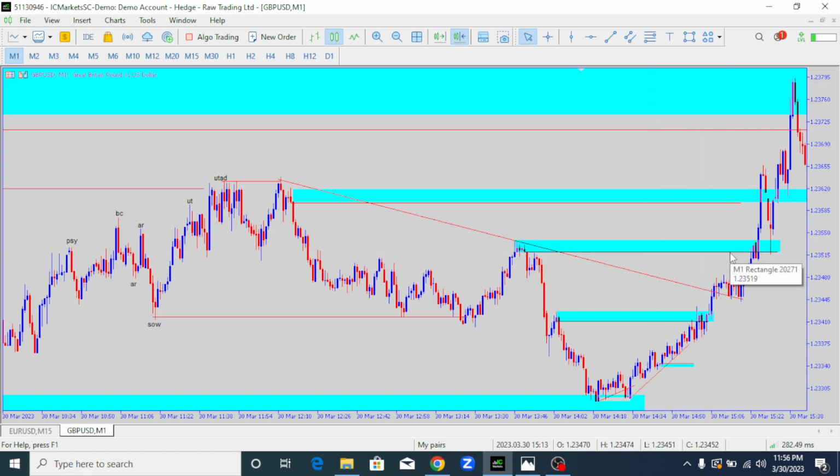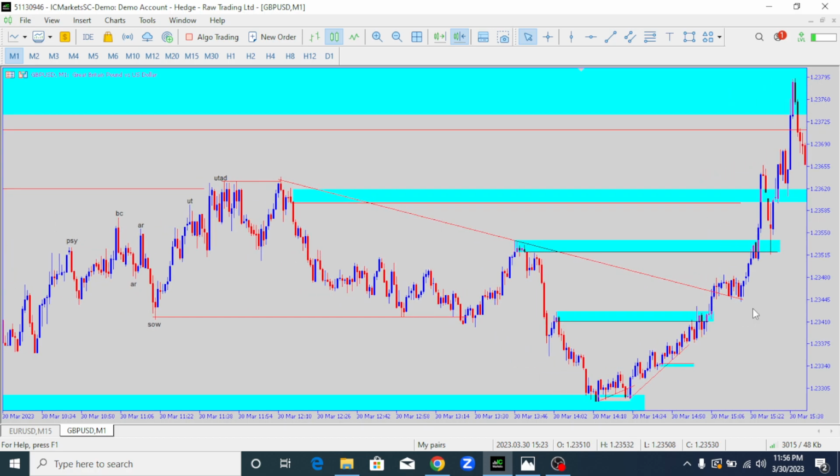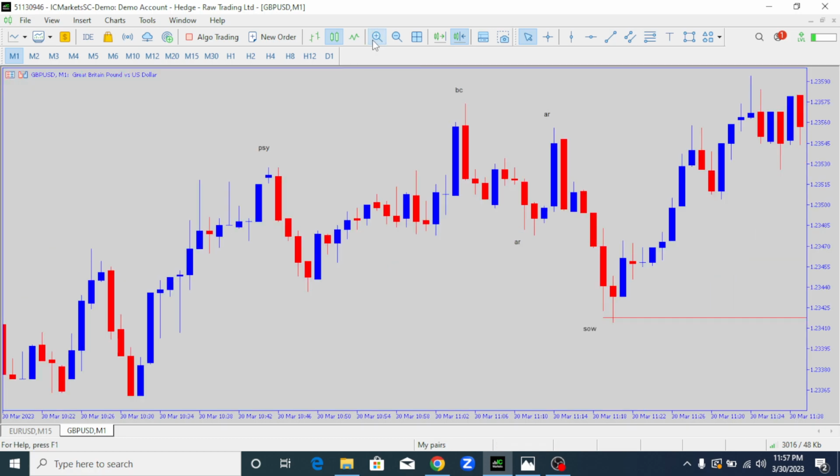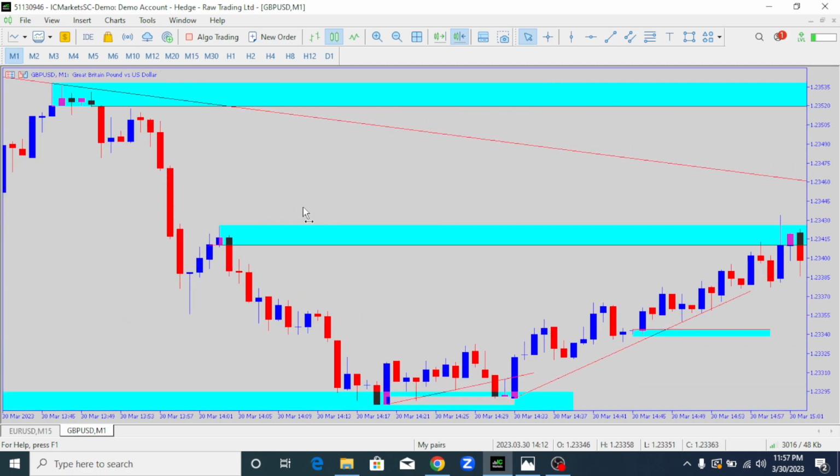Imagine, guys, 20 pips with a 0.8 pip stop loss, and it's 1:28 risk to reward. It's amazing, but I didn't actually take the trade. But it did exactly as I expected.